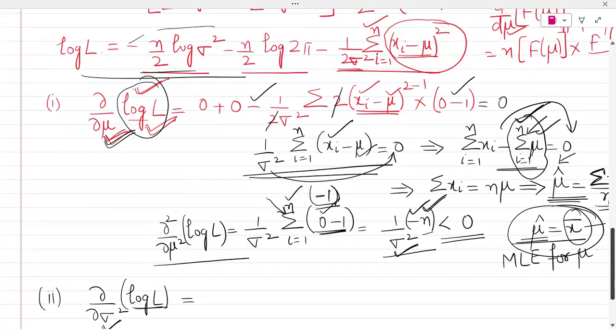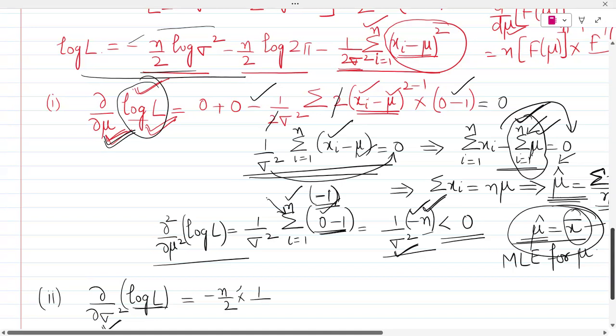What is its derivative with respect to sigma square? That is n by 2 into 1 by sigma square.